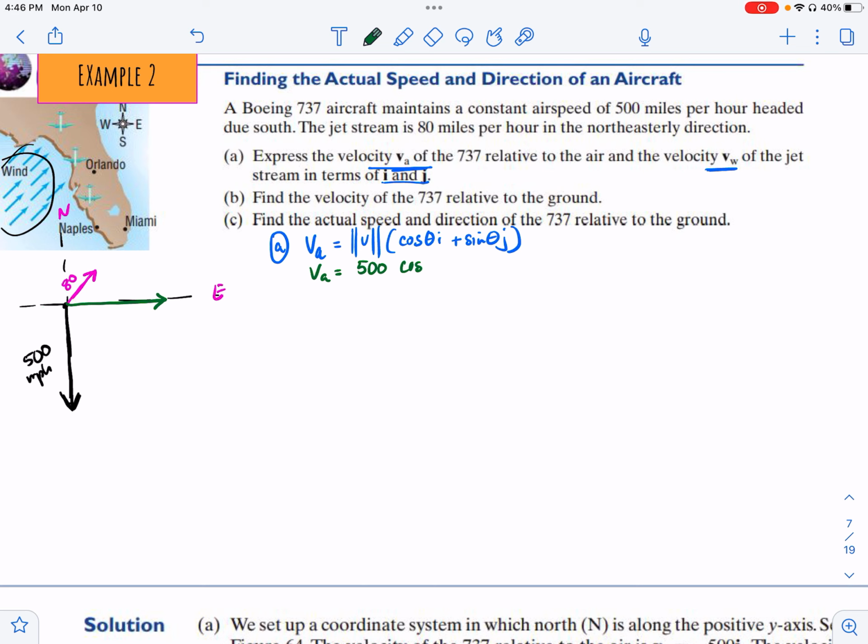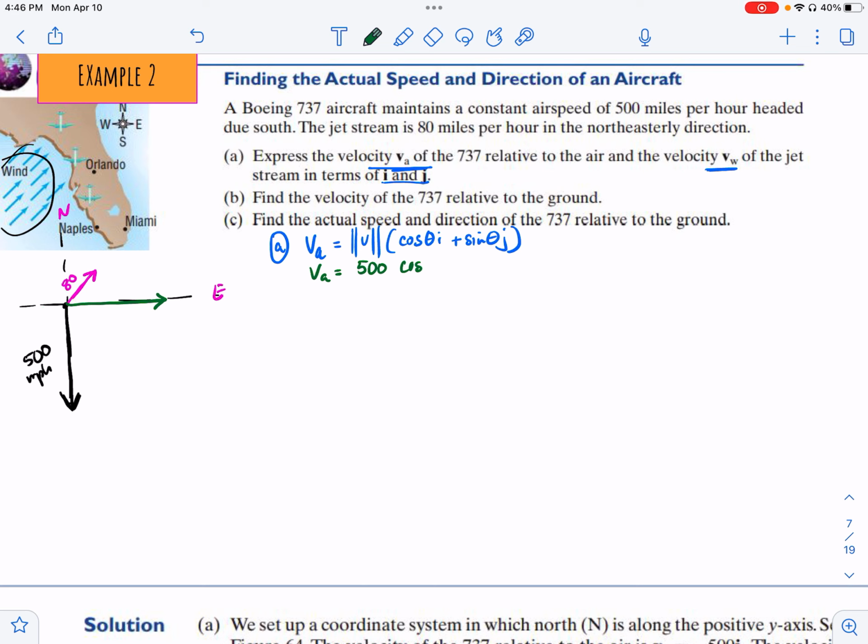Start to finish of this. And this is the resultant vector, the R vector. And that's the actual direction the aircraft is heading under the force of the jet stream. And this vector is represented by the resultant vector. So we know the horizontal component of the resultant vector and the vertical component. Okay, we got done with B.